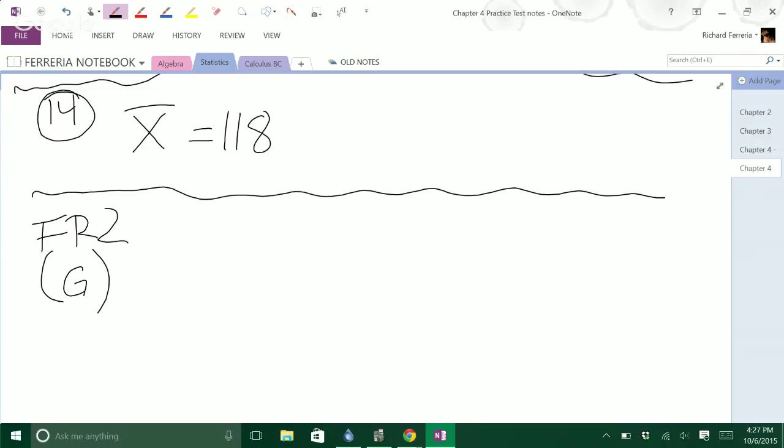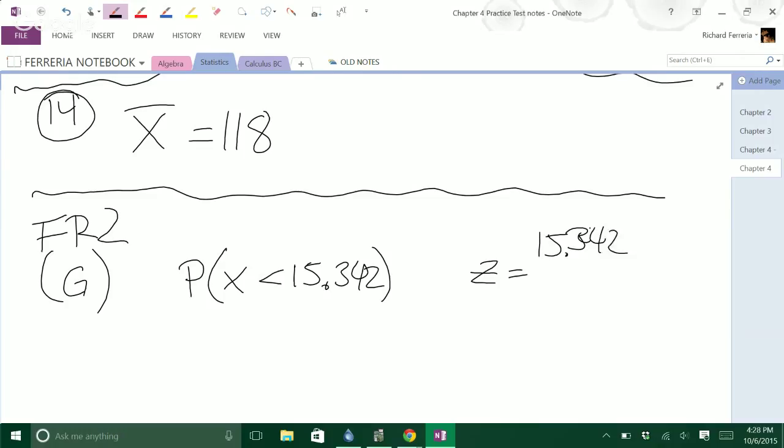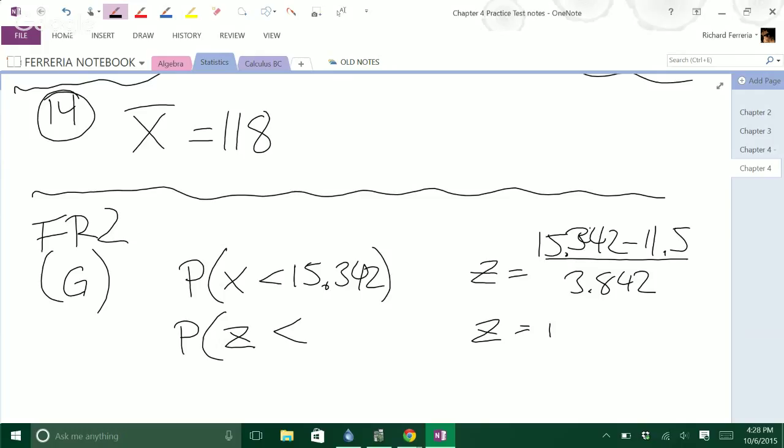We have 15.342. We want to know what proportion of our curve is less than 15.342. We can normalize that. Z-score is 15.342 minus 11.5 divided by 3.842. I don't know what Z-score that gives us. They gave us 1. Is it 1? Okay. So this is the same as asking what proportion of the Z curve is less than a Z-score of 1.